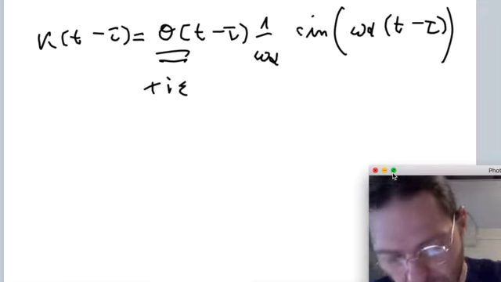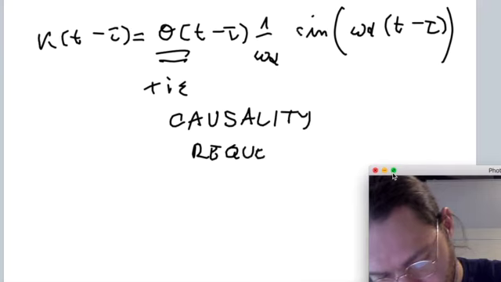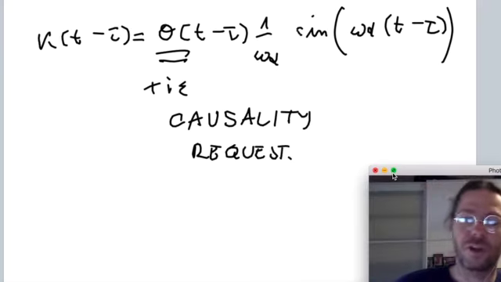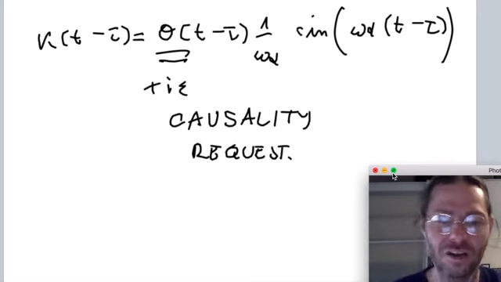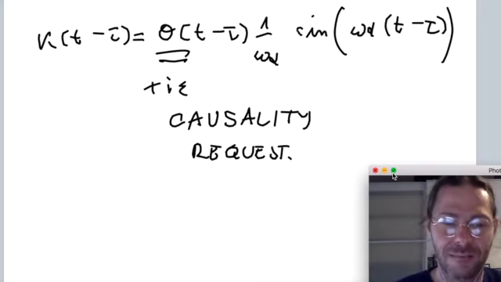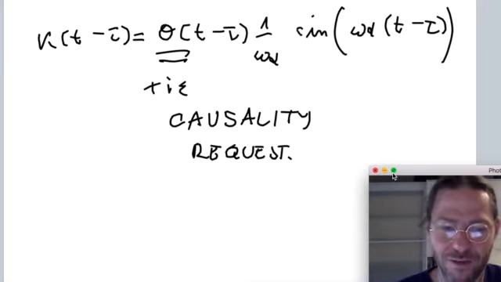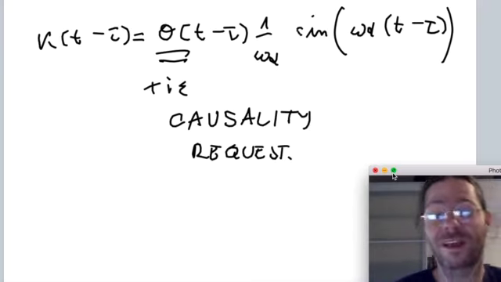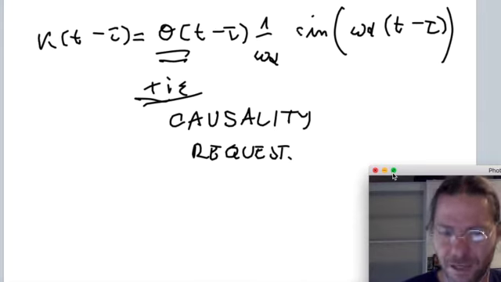So this is a causality request, or principle. If you had chosen the opposite sign, we would have had the opposite causality: the past could be influenced by the future, which is obviously not what we experience in real life. Only the future is influenced by the past. So, by this i epsilon, we are basically imposing causality in the dynamics.